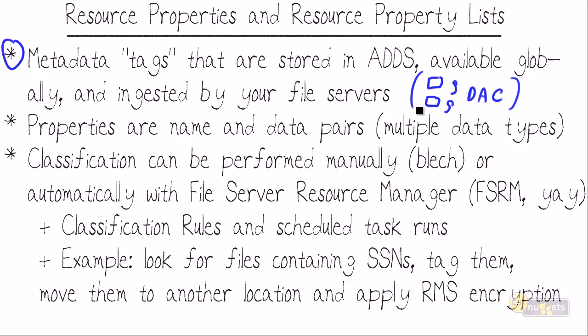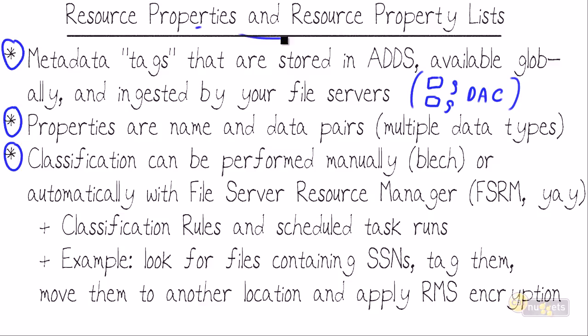And similar to Active Directory schema attributes, properties are name and data pairs, and they support multiple data types. So we have the ability to do yes, no, Boolean sort of logic. We also can do single response from a group. We have multiple select, a lot of flexibility. You'll see that in the demo. And once you've done that, the resource properties are individual atomic units.